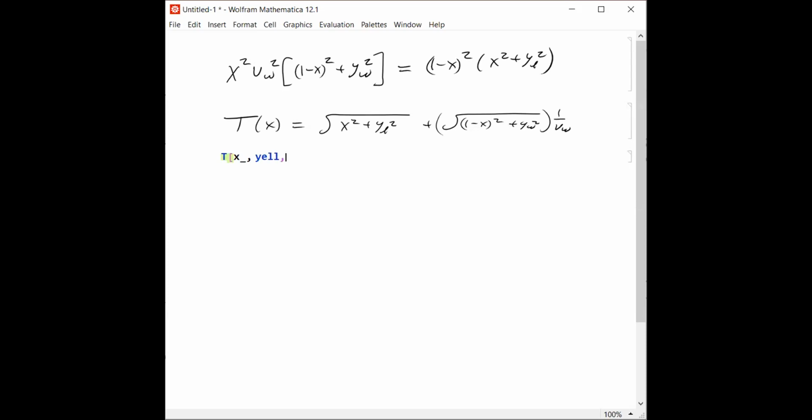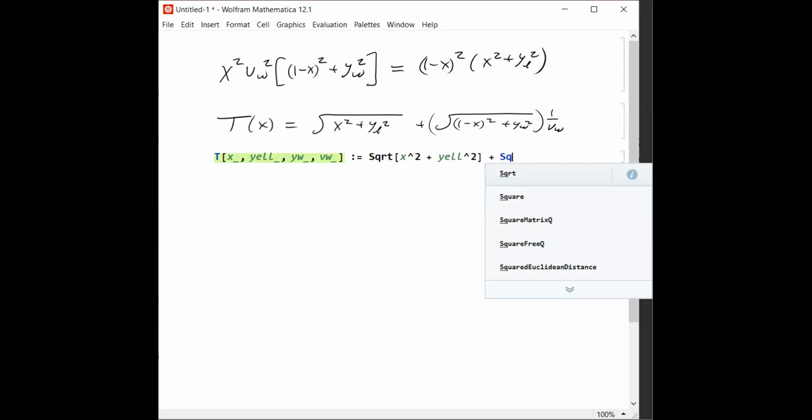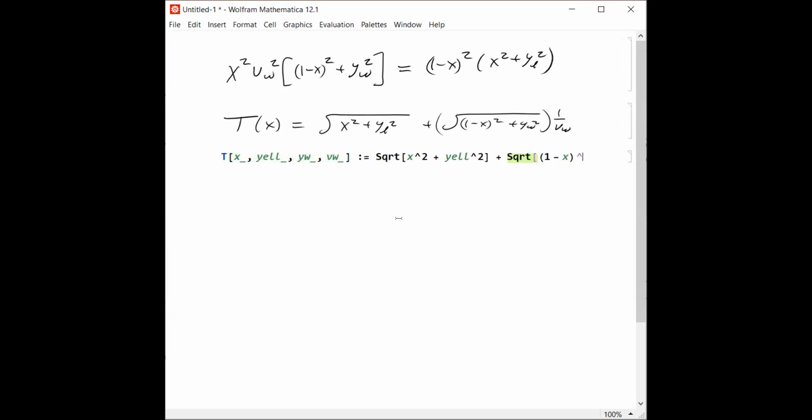yl, yw, and vw, underscore in mathematics to say that it's a variable. It's going to be the square root of x squared plus yl squared plus the square root of the quantity squared plus YW squared divided by VW.